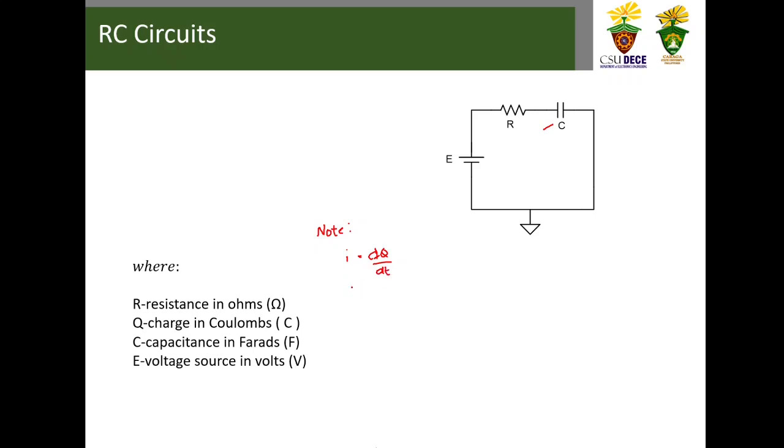Then the charge is just equal to CV, or the voltage is equal to just Q over C, or the voltage across the capacitor. So same method that we have used for RL circuit, we will be using the Kirchhoff's voltage law.